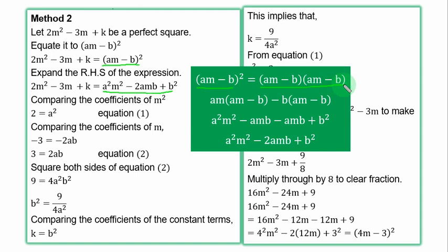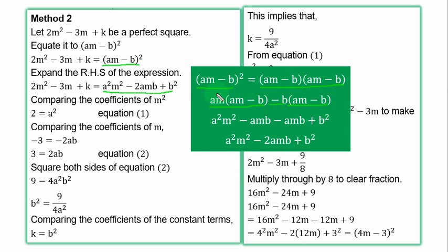When you are expanding, you take all the terms in the first bracket to multiply the second bracket. So the first term in the first bracket, a m, is multiplied by the second bracket, and the second term in the first bracket, minus b, is multiplied by the same second bracket.